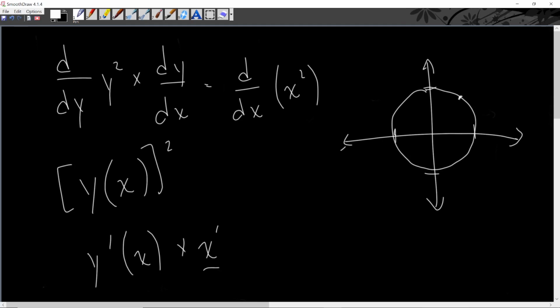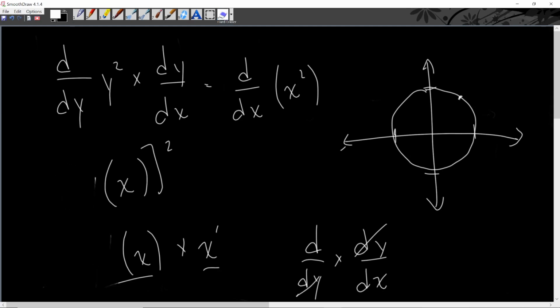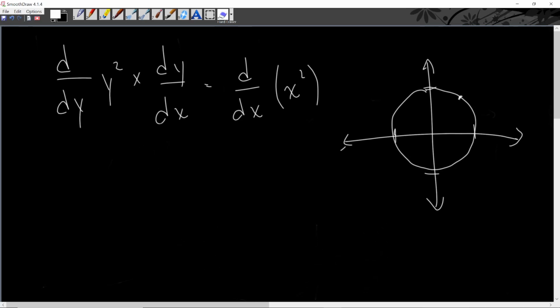So y prime of x is going to be the derivative with respect to y. You are differentiating with y, so y prime of x. And then x again is a function, so we are going to be differentiating with respect to x. So dy dx. Again, you could think of it like that, but if y of x helps you understand a little bit better, that's obviously great.